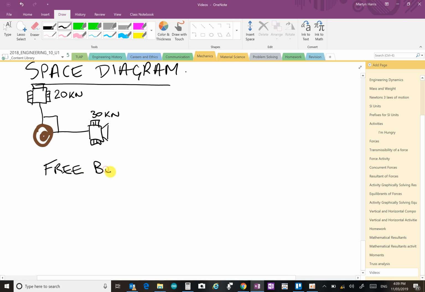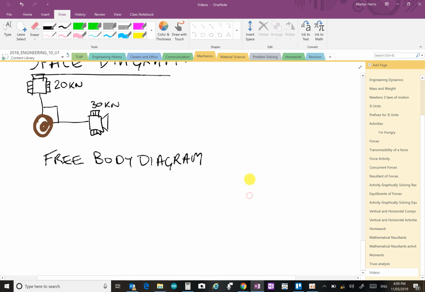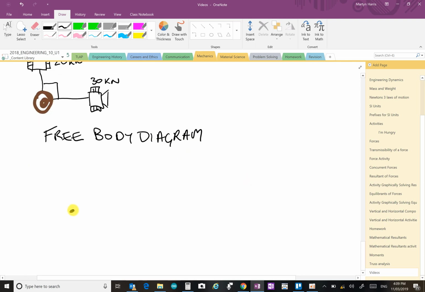Free body diagram. Okay, what does that look like? Well, it sort of looks like this. We have this center spot, which we're going to say is the tree stump, and we've got 20 kilonewtons being pulled in that direction, and in this direction we've got 30 kilonewtons, and we've got 90 degrees just there. Okay, great. Everything's working well.